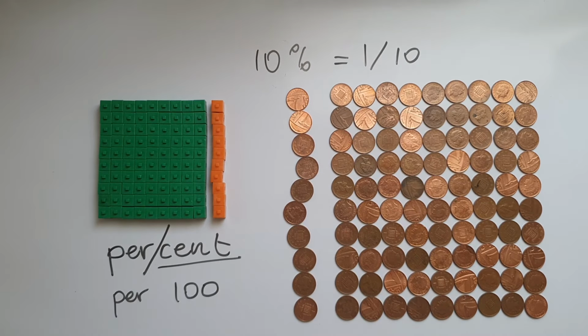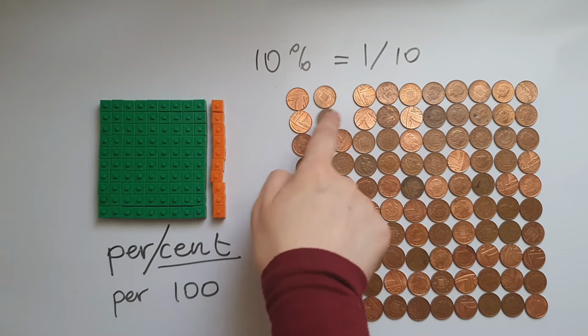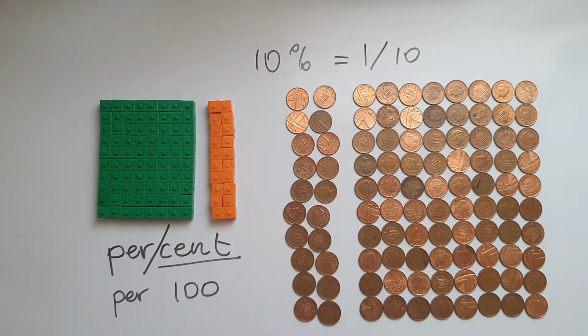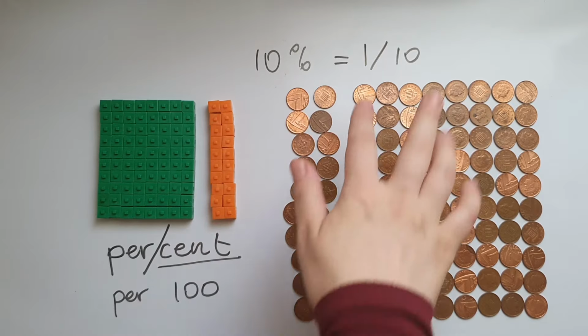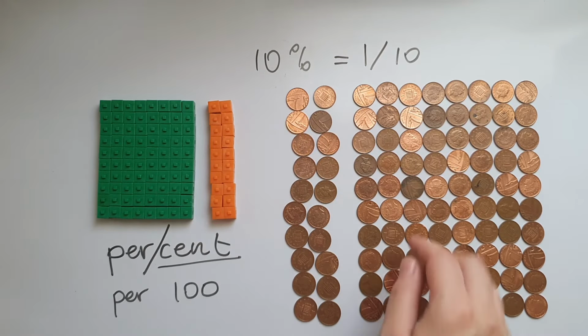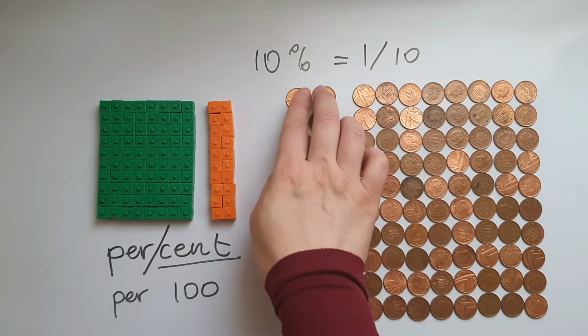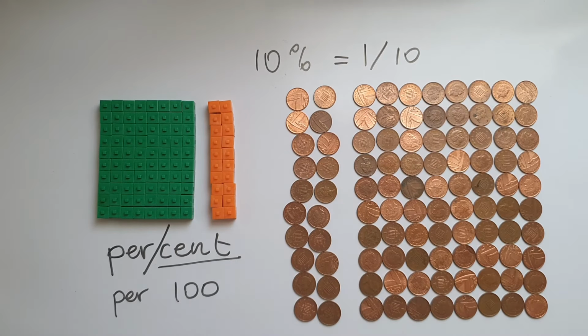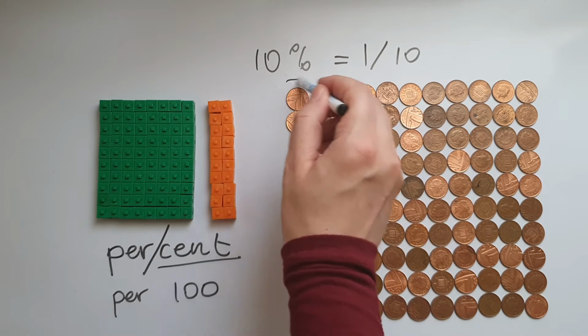What about 20%? So how many of these do I have overall? So there is 1, 2, 3, 4, 5 of them. So what we're saying is that 20% is 1/5.